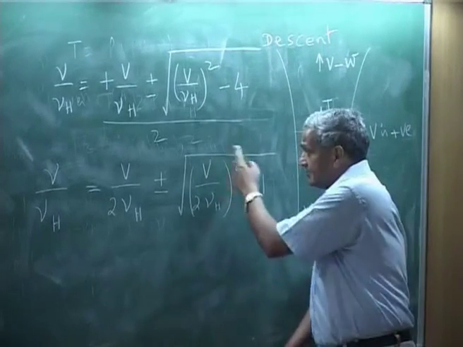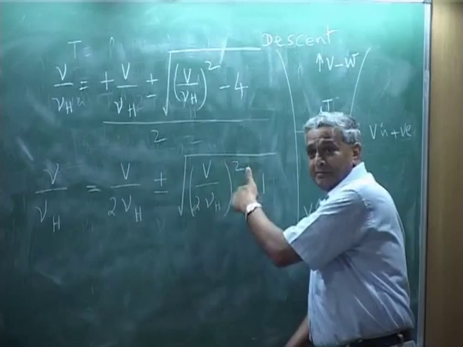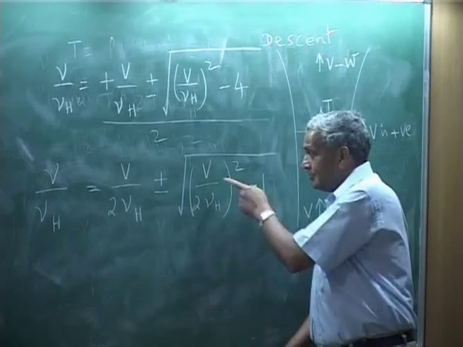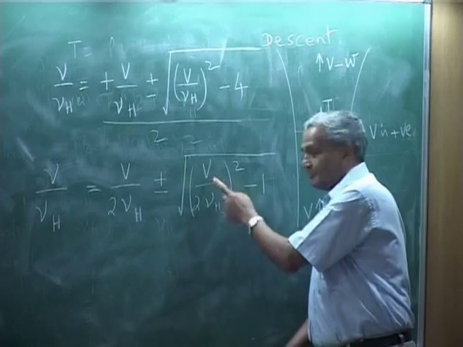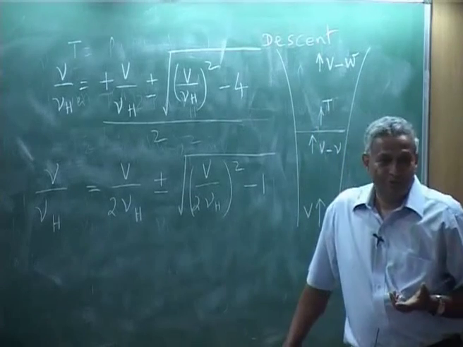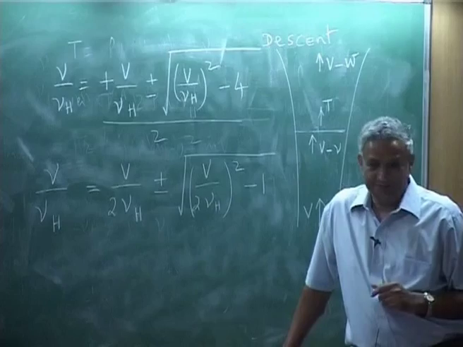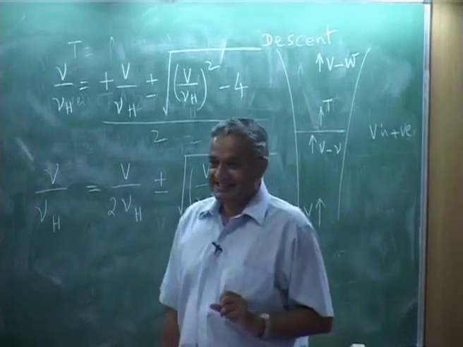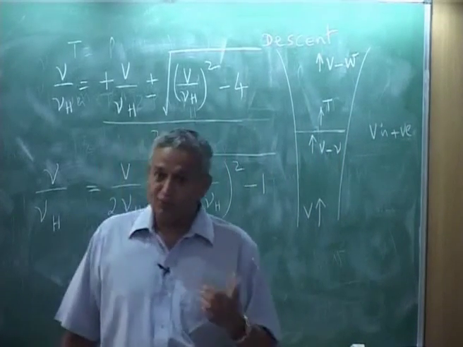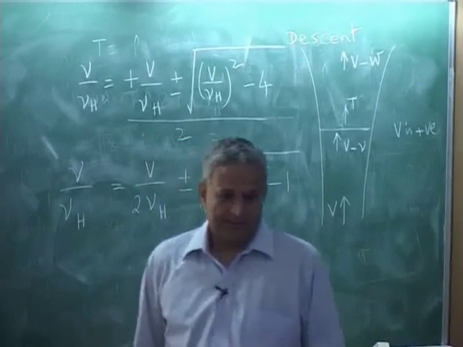Another thing is, this will become imaginary when V is less than 2ν_h, that means there is no root. Okay. If my descent velocity is less than 2ν_h, I cannot have.